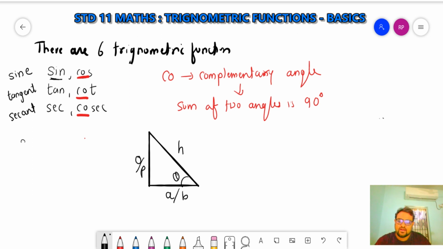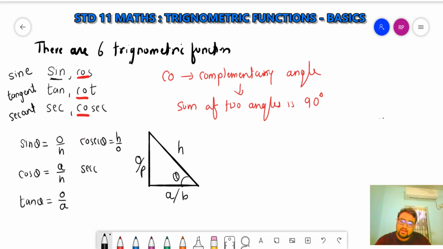So sin theta will be equal to O by H. Cos theta will be equal to A by H. Tan theta will be equal to O by A. Cosec theta will be equal to H by O. Sec theta will be equal to H by A, and cot theta will be equal to A by O. Clear?